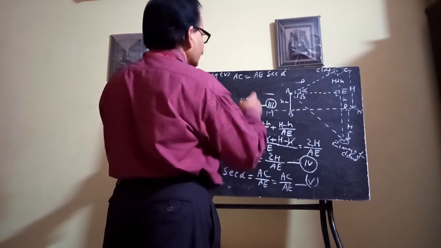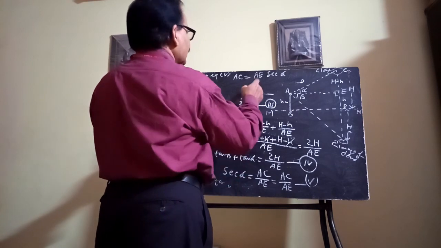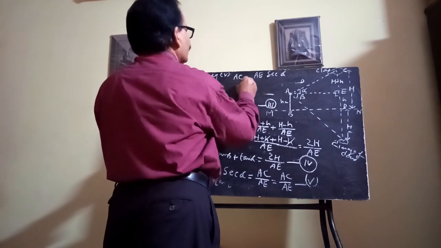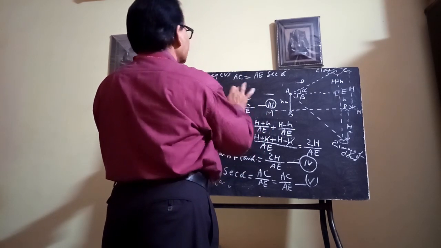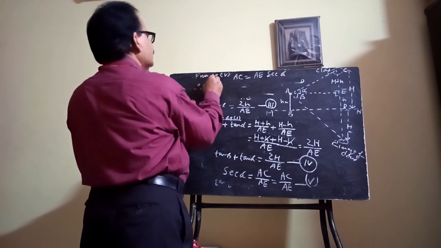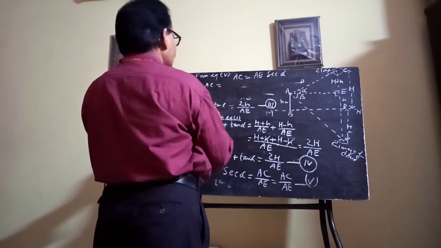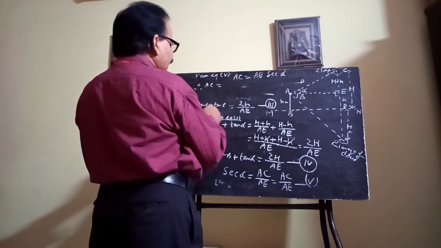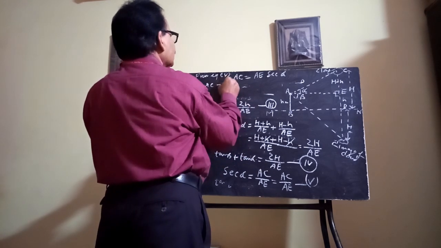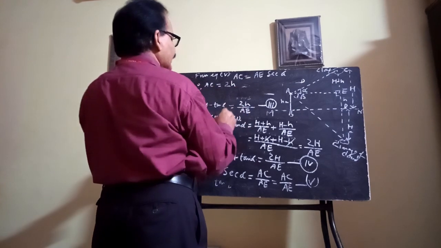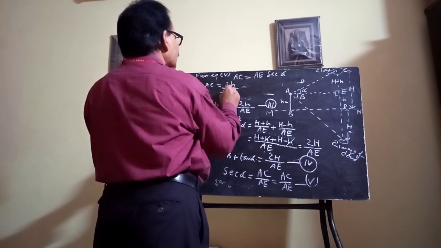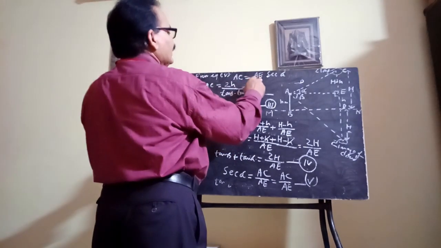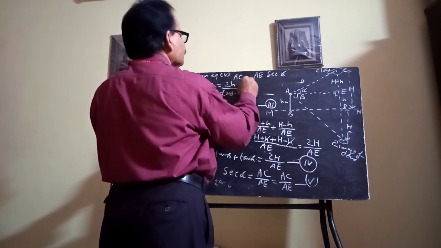So substitute the value of AE from equation 3. AE is 2h by tan beta minus tan alpha, that is 2 small h by tan beta minus tan alpha, and then into sec alpha.